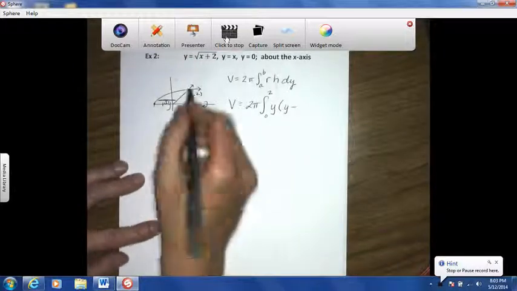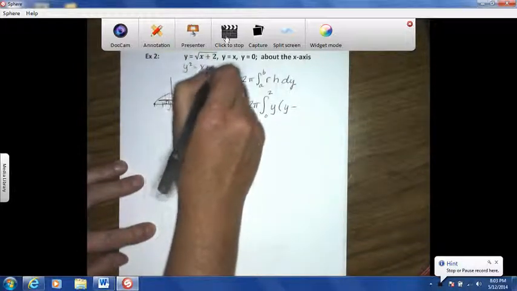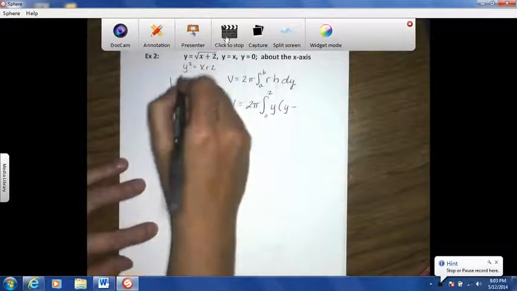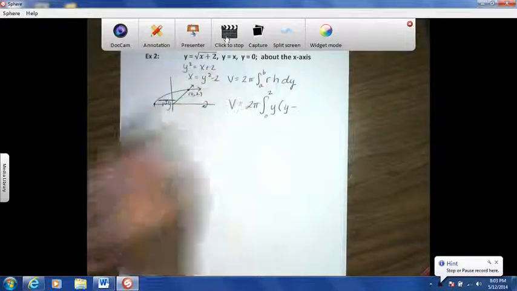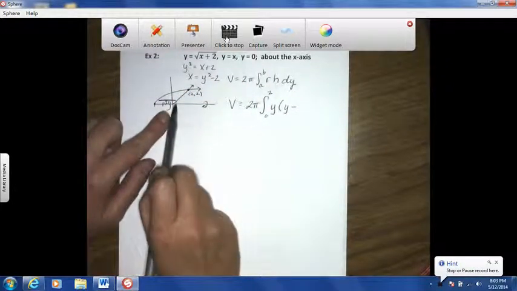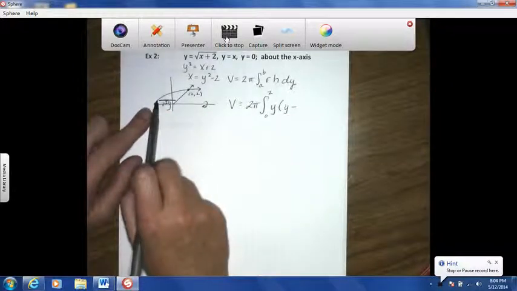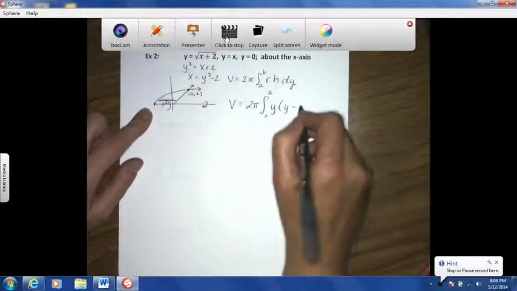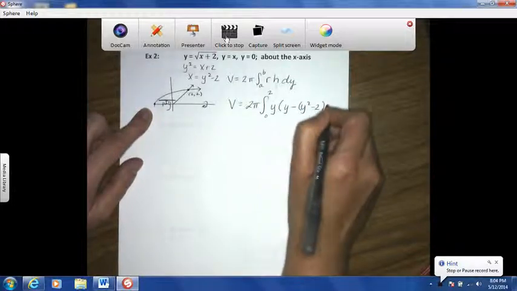So we are going to have to solve for x. So I'm going to square both sides of my equation and then subtract 2. So x is equal to y squared minus 2. So the right function is the line y. The left function is going to be the half parabola of y squared minus 2.